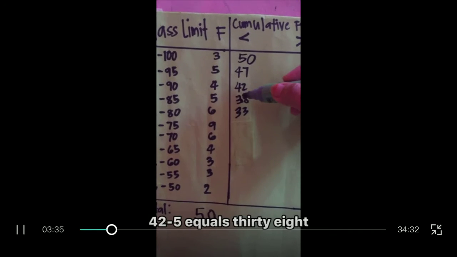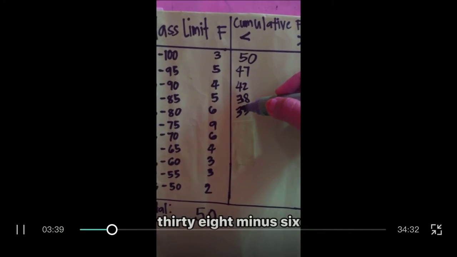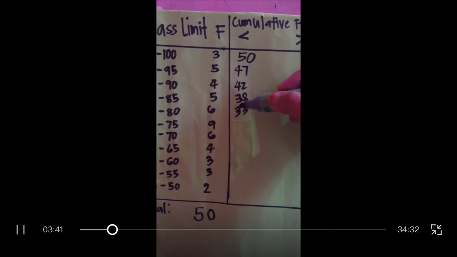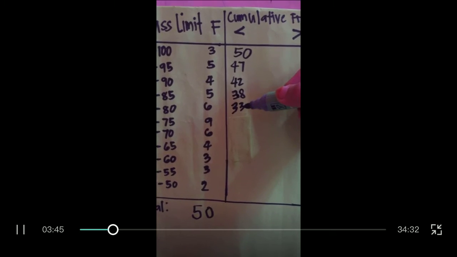42 minus 5 equals 38. 38 minus 6 equals 33.